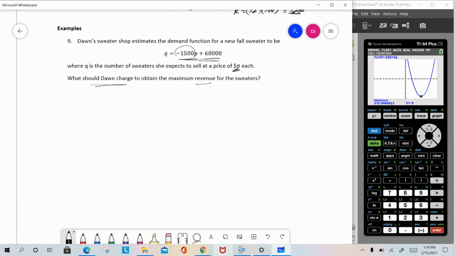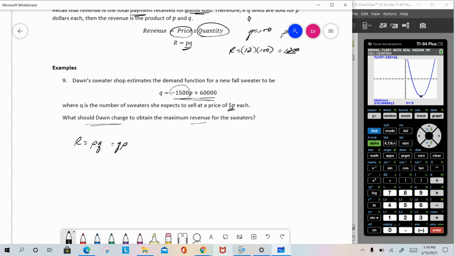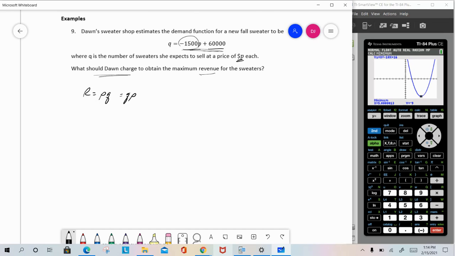She wants to maximize her revenue. Well, remember that the revenue is going to equal price times quantity, or quantity times price. It doesn't matter which order you do those. I think up here I said price times quantity. It doesn't really matter because multiplication is commutative. I can multiply in either way.